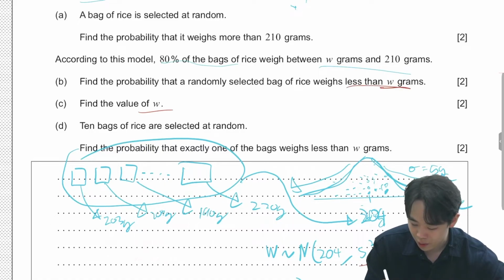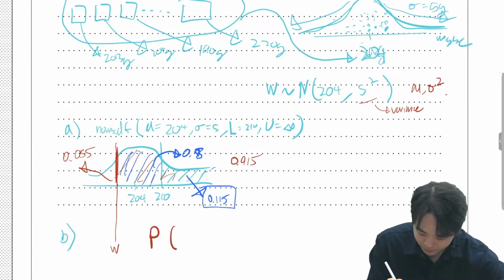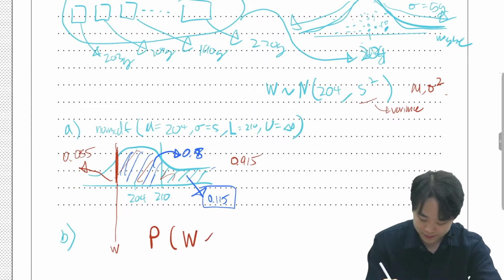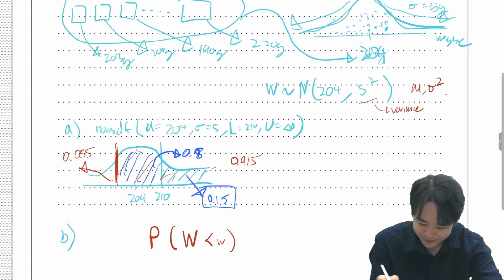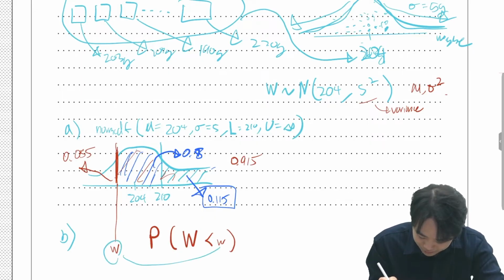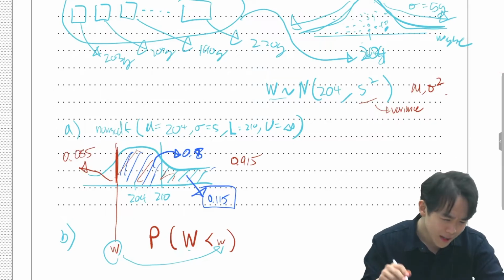And I want to find the probability that it's less than W grams. Okay, so first, probability that our weight, capital W, is less than W, right? The notation might be confusing, but this is a concrete number here. This is W. W was the original weight of the bags.